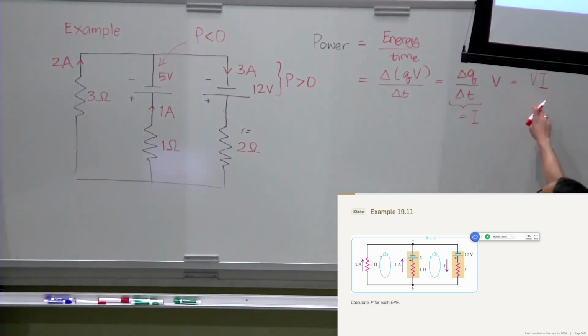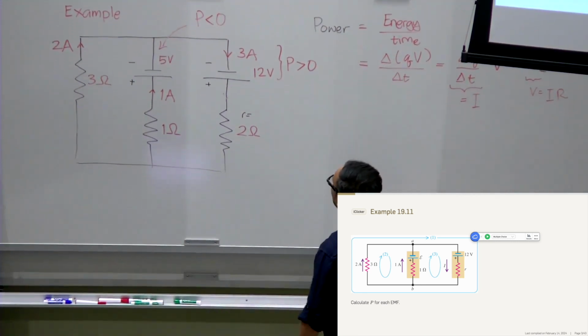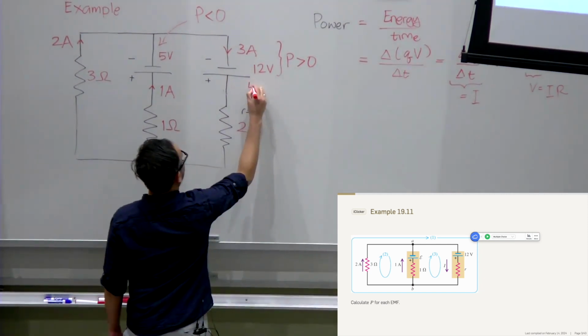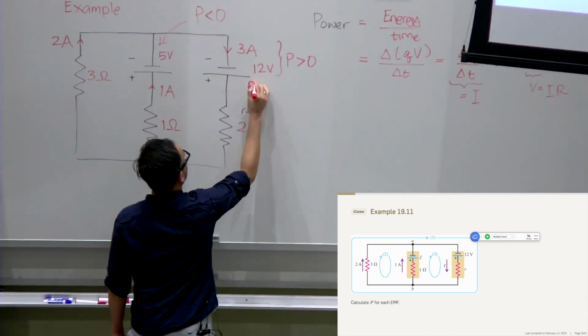Anyway, P is equal to V times I, not to be confused with V is equal to IR. But you can use that, V equal to IR, then this one is also equal to I square times R. Anyway, for this question, you will only need V times I. So let's call this right and left.